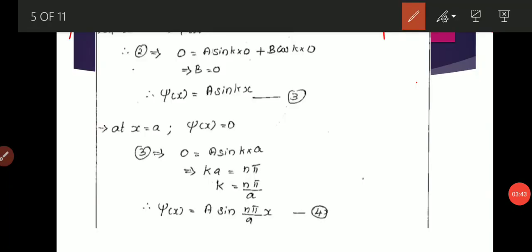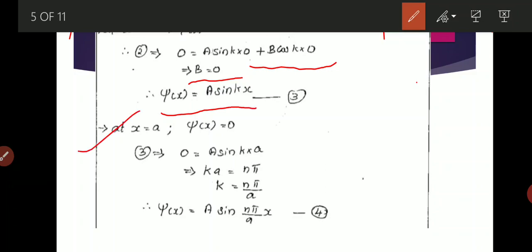So if we substitute this, then 0 is equal to A sin k into 0 plus B cos k into 0. Instead of x, we substitute 0. Then we will get B is equal to 0. That is, psi of x is equal to A sin kx.